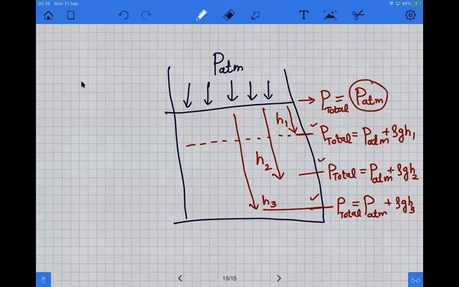Now, if we only look for liquid pressure, the terms rho GH represent the liquid pressure. We have to add liquid pressure to the atmospheric pressure to get the total pressure. And as we are moving towards the depth, the liquid pressure is increasing.